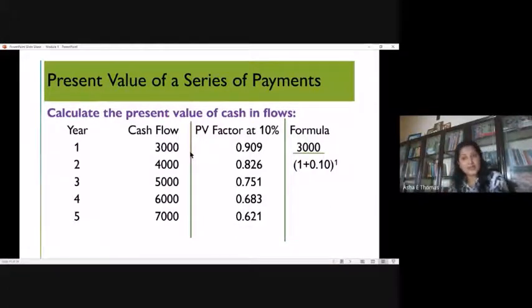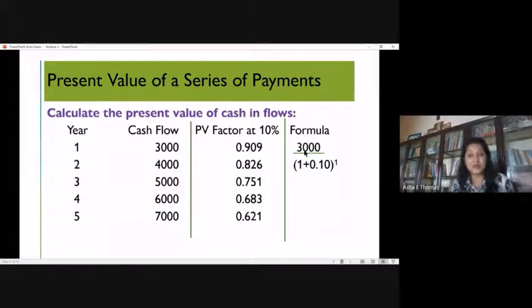Now there is another option, where I directly go with the formula. The formula, as I know, is 1 by 1 plus r raised to n. So here this 1 becomes 3,000, because my cash inflow is 3,000 for the first case. So 3,000 by 1 plus 0.10, because it is 10%, raised to 1 at the end of the first year.